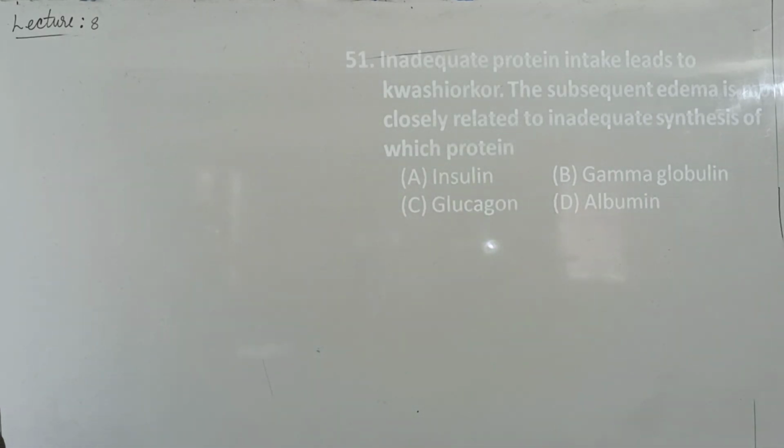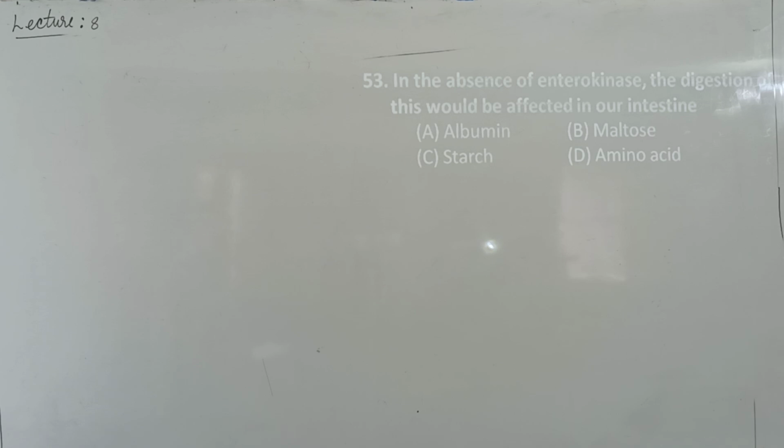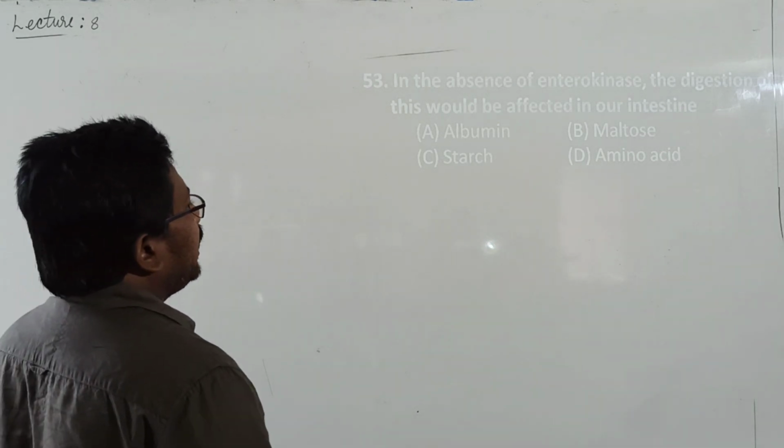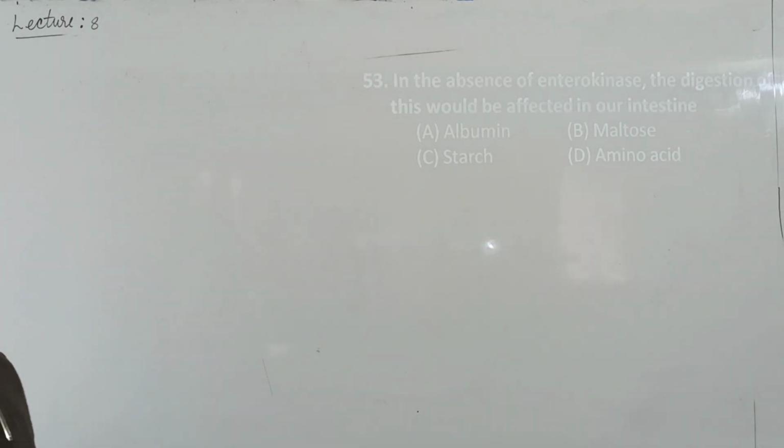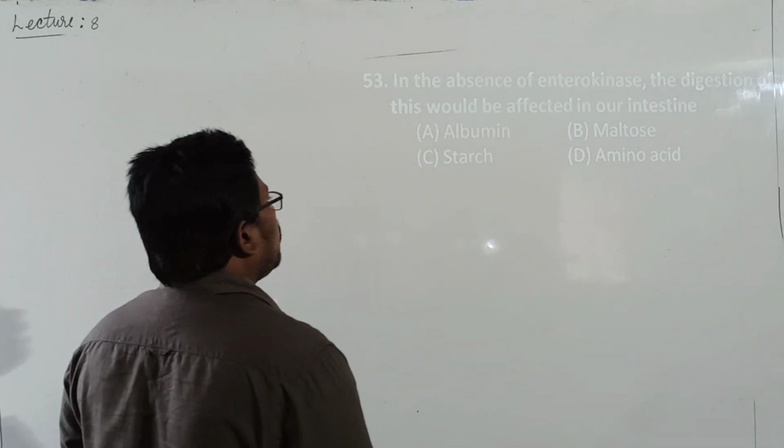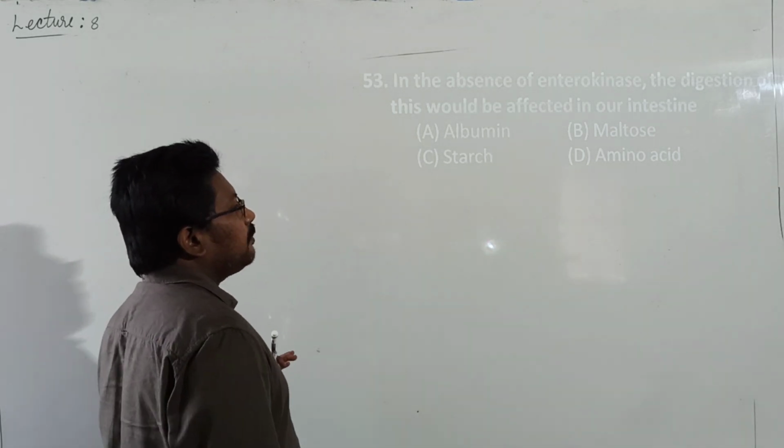The next one, in the absence of enterokinase, the digestion of this would be affected in our intestine. Enterokinase is an enzyme that helps in activating other enzymes that play an important role in the digestion of proteins. Among these options you need to search for a protein.